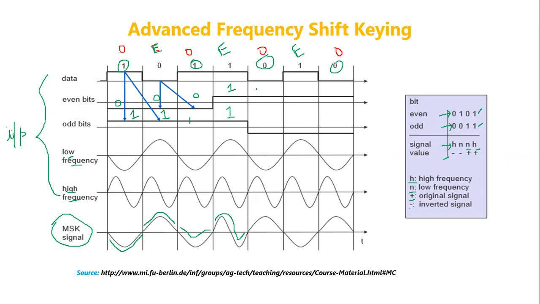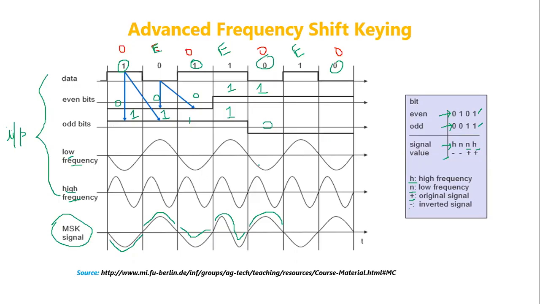The next case, even bit is 1 and odd bit is 0. Then the resultant signal will be the inverted low frequency signal. This is the low frequency signal; if you invert it, it will come on top. So it is just the inverse of the low frequency signal at that point.